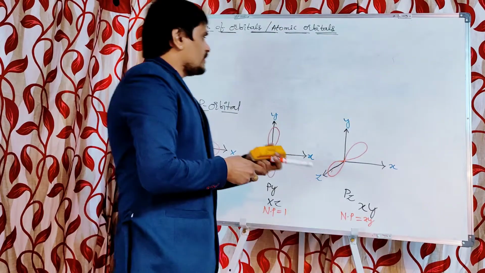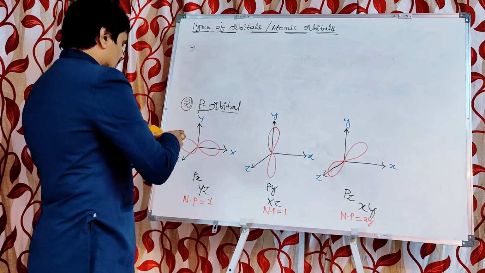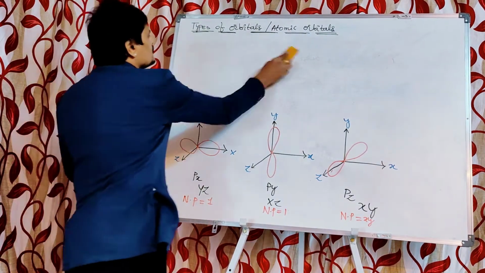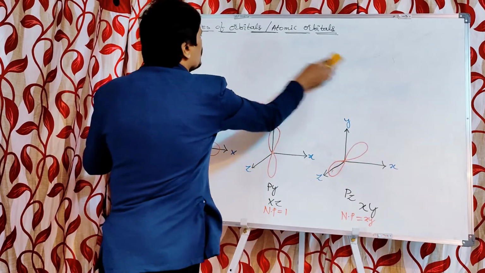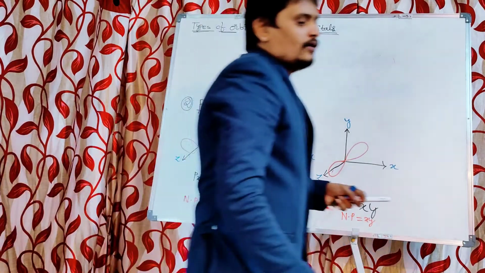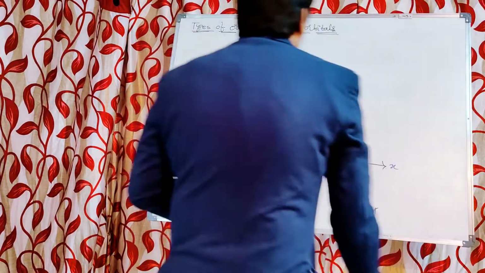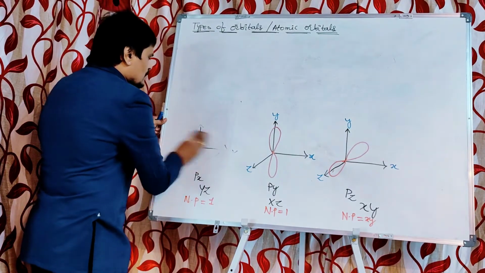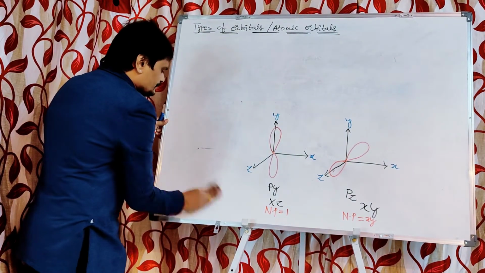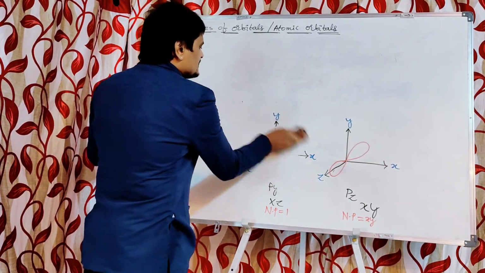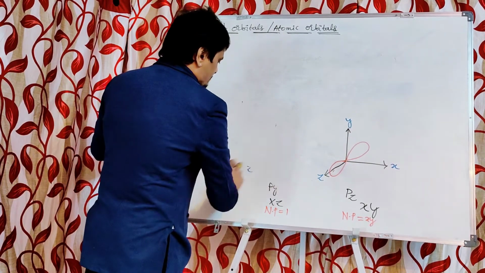Now let us talk about the third type of orbital, or atomic orbital. Don't be confused with orbital or atomic orbital. Both are one and the same. So now we are going to discuss the d orbital, students. Any guesses? The d orbital is double dumbbell in shape.